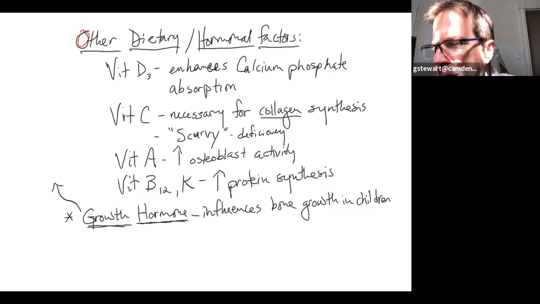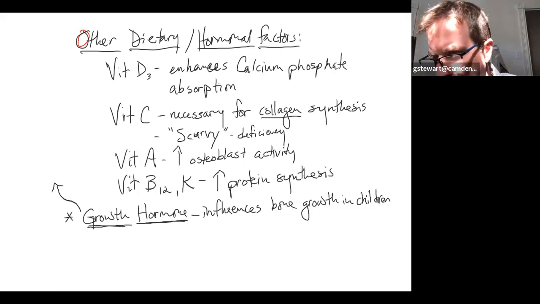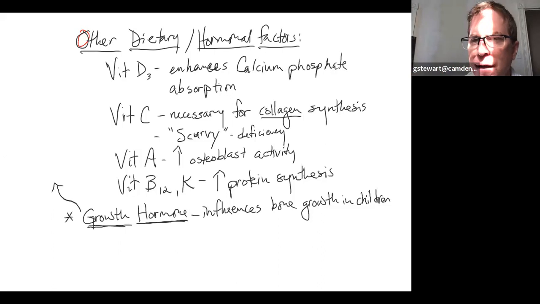What it really does is it tells the liver to release something called insulin-like growth factors. Those can be released from the liver or bone tissue itself. And it's really those IGFs that have the major effects on the bones. So growth hormone technically is a precursor to another hormone that influences bone growth in children.